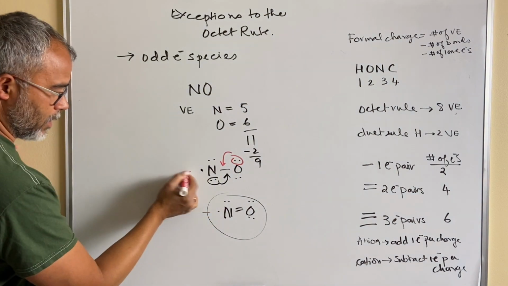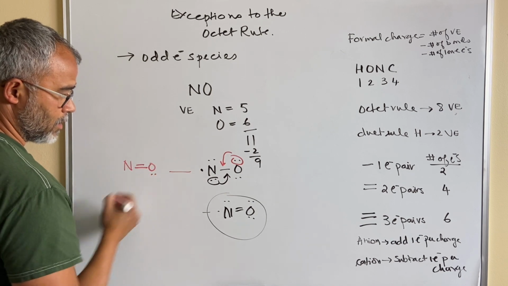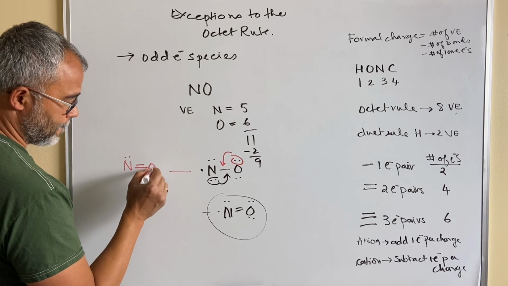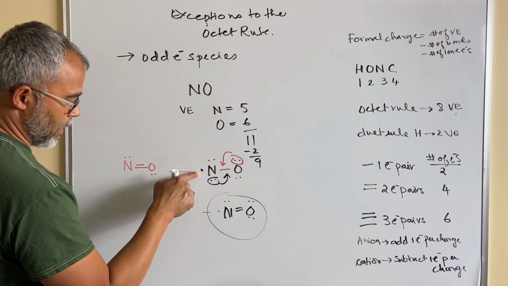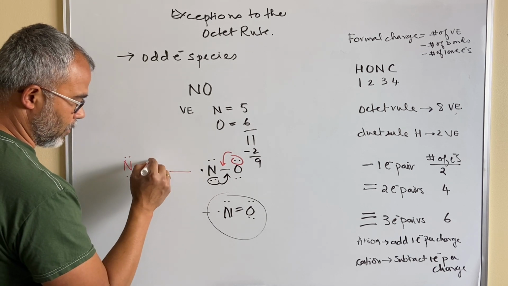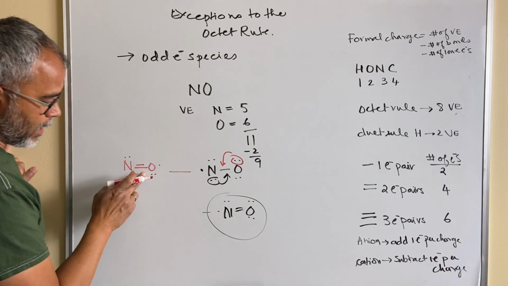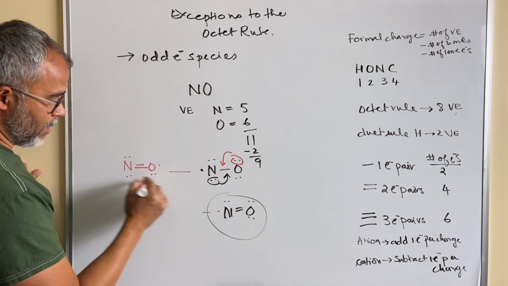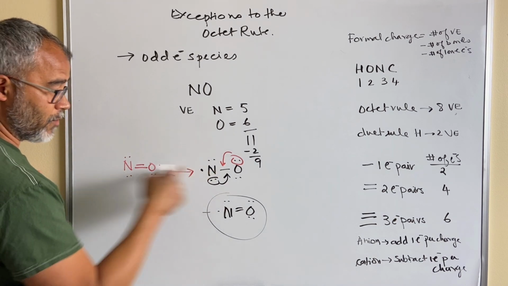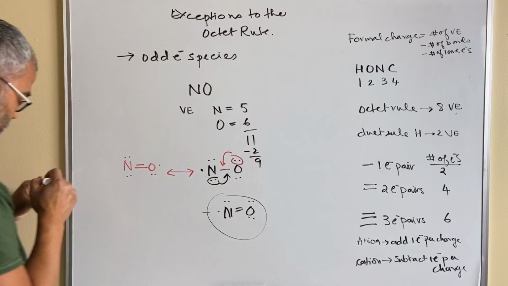If that came here instead, you'd end up with something that looked like this. Instead of the lone electron being on nitrogen, we still keep these 2 here, and you can put the lone electron on oxygen. Then oxygen would have 3 and 4, 7 electrons, and nitrogen would have 8. These are all completely valid Lewis structures, and these are interchangeable. Therefore, these would be resonance forms.